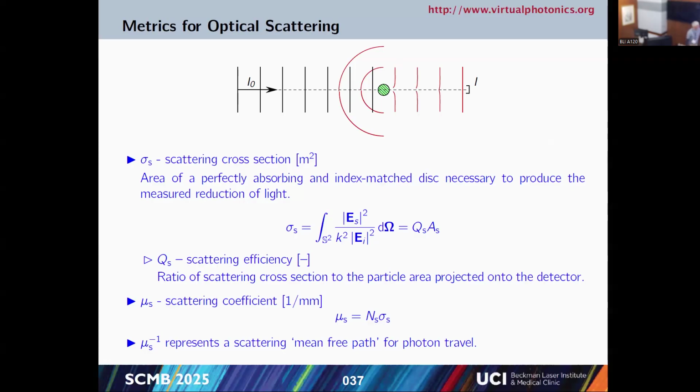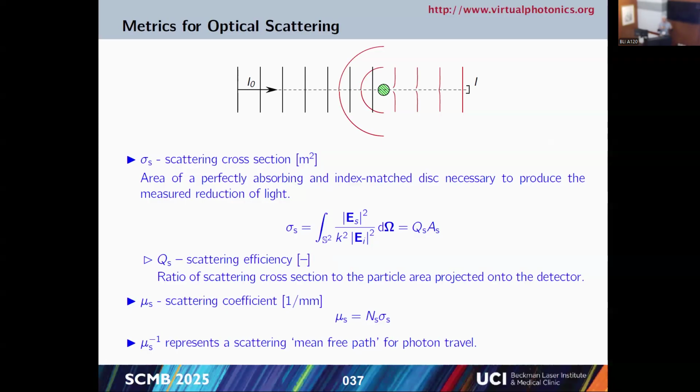That's where your scattering coefficient comes from. So if you know the number density of particles, their size, and the refractive index, you can compute µs, and its spectral dependence. And as I mentioned, the reciprocal of µs represents a scattering mean free path for photon travel in that medium. So you can do this for polystyrene spheres.